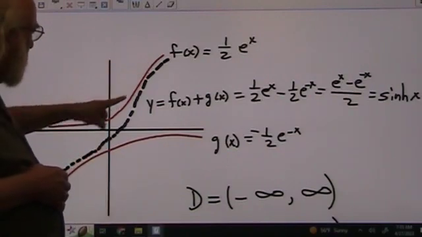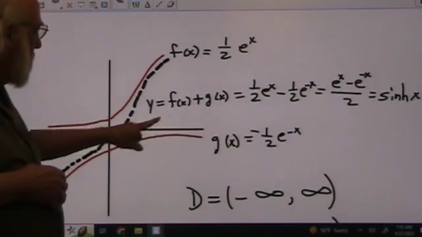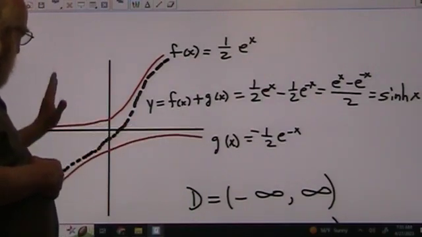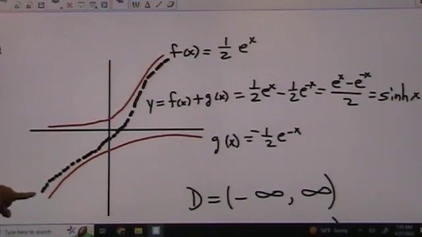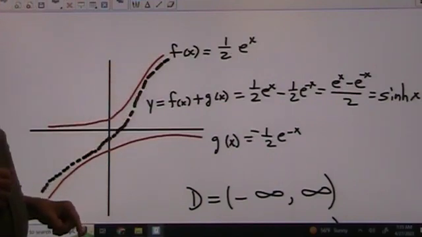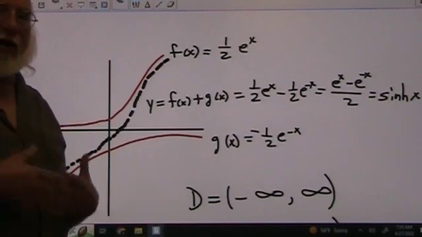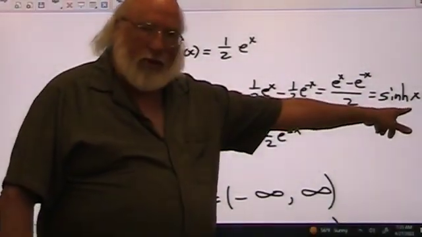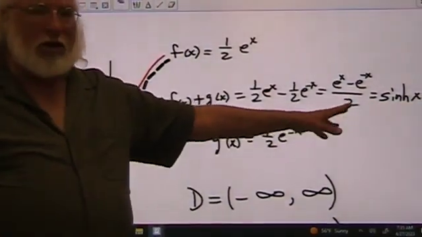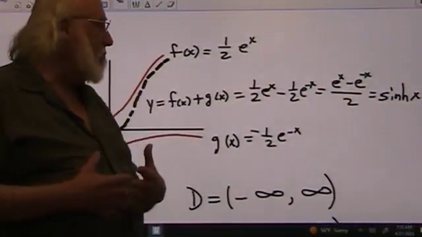We have this hyperbola here and this hyperbola here, and the sum of the y values as we go across looks like this. This is the shape of a sine curve wave in a hyperbolic function. We call that sinh. It's spelled S-I-N-H, but it's pronounced "shine".